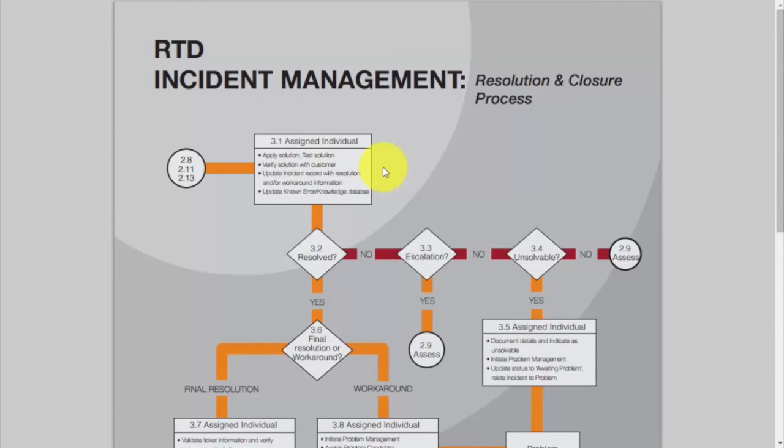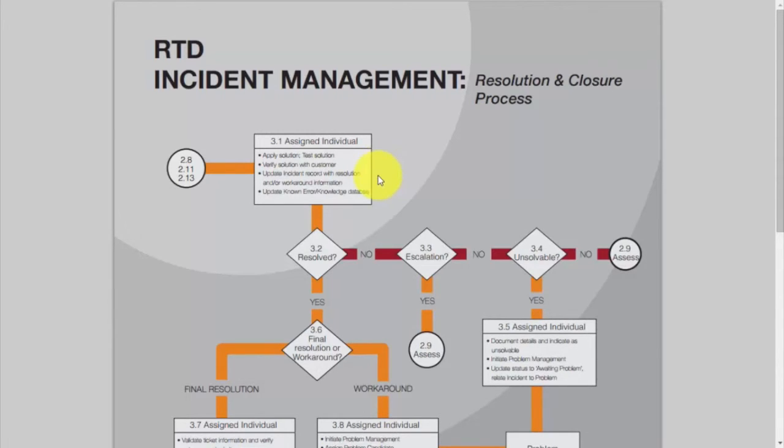They need to apply the solution and test it, and we need to verify the solution with the customer. So you need to ensure that the solution has actually succeeded in resolving the problem, but not only that, also communicate with the customer to make sure that they are convinced of the successful resolution.